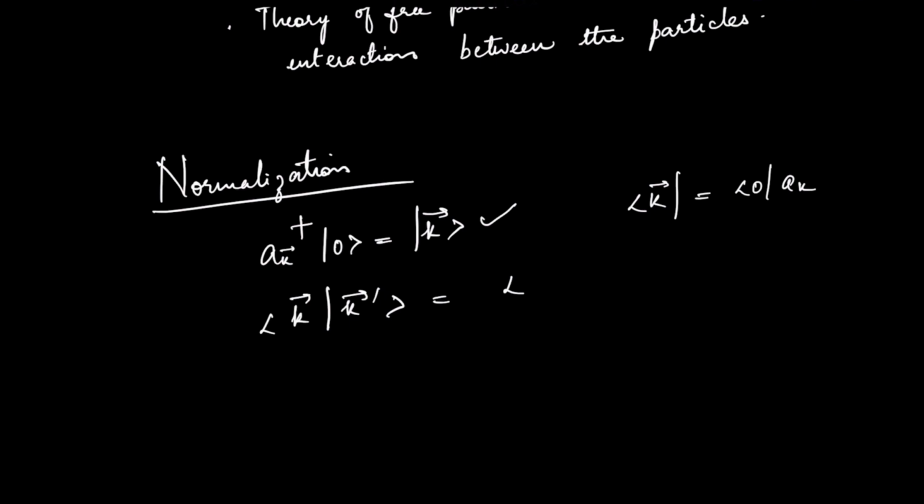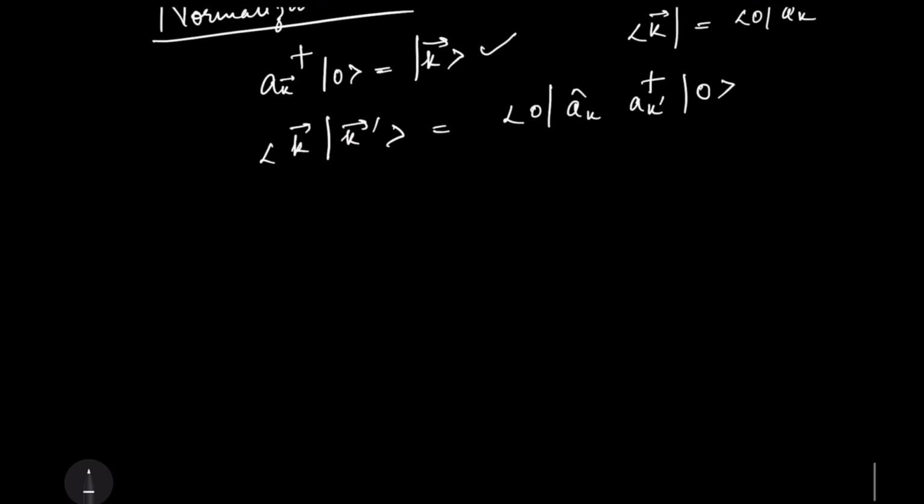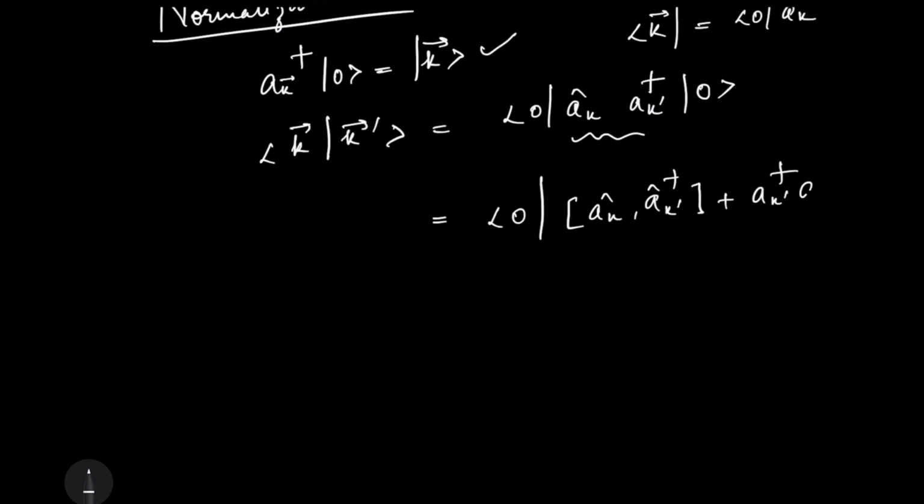So I can substitute here, a_k' dagger acting on 0. Here I can write a_k dagger prime as the commutator a_k' dagger plus a_k' dagger a_k.